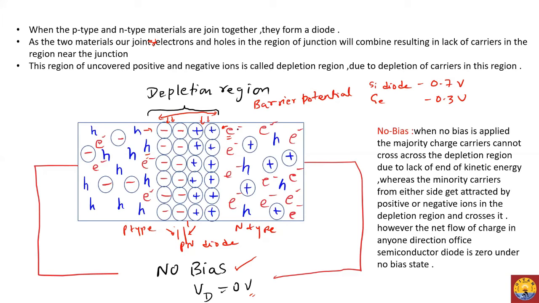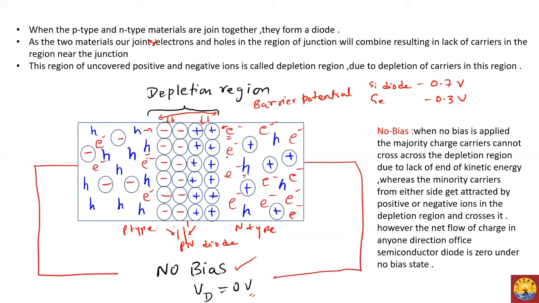So majority carriers don't flow, but we can see there are holes present here. These holes are being attracted by the negative ions. So holes from the n-type can move into the p-type, and electrons from the p-type can move into the n-type, because these positive ions and negative ions attract the minority carriers from either side.